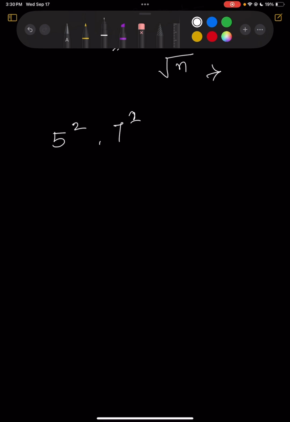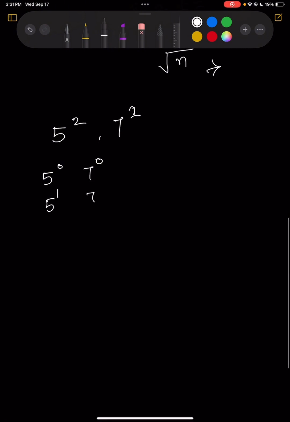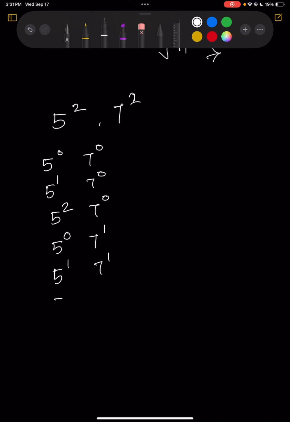If we write all the divisors of it, they will be 5^0·7^0, 5^1·7^0, 5^2·7^0, 5^0·7^1, 5^1·7^1 and 5^2·7^1. These are all the divisors of it. If we sum them, we get our answer.